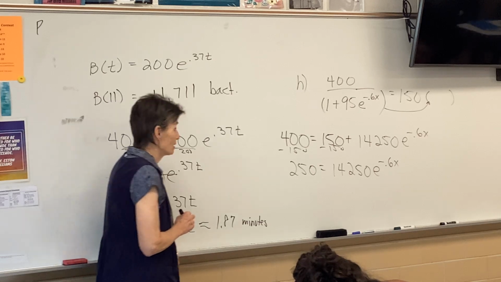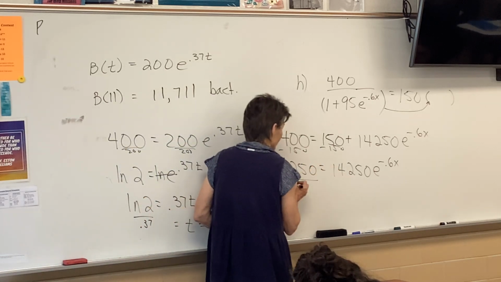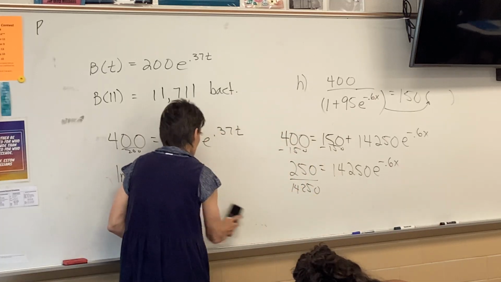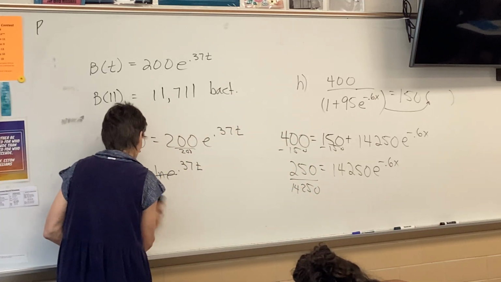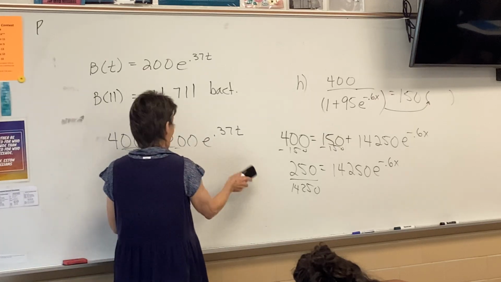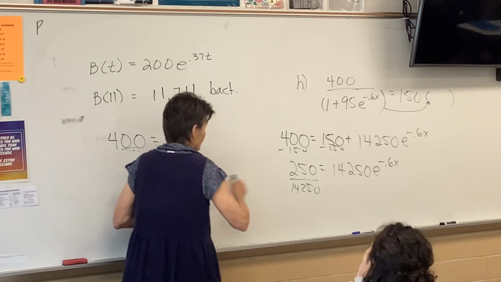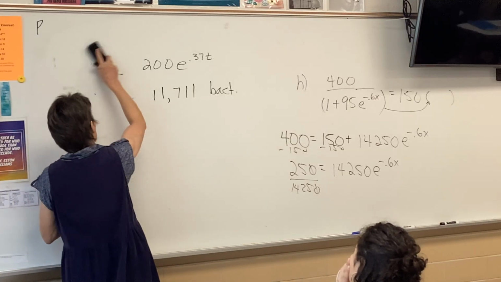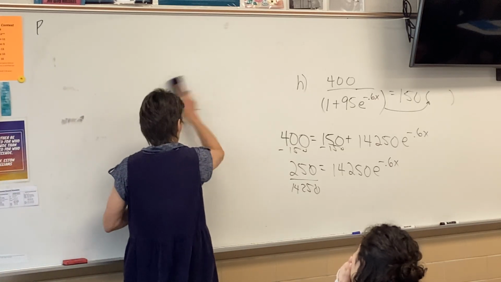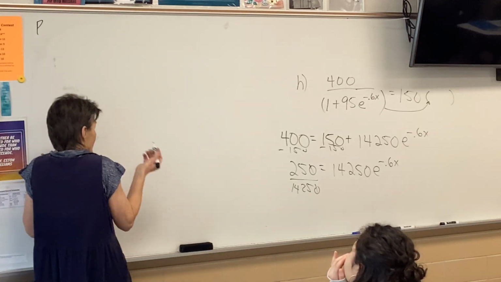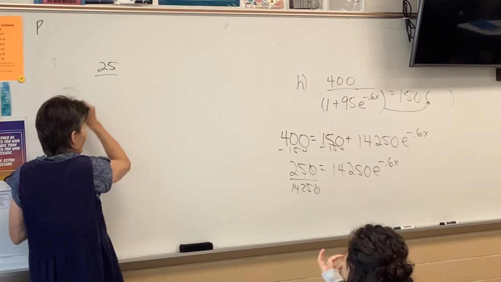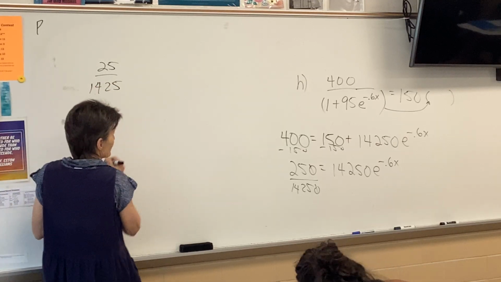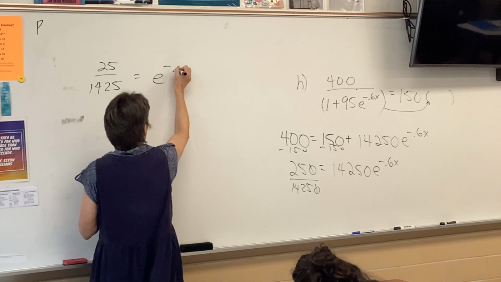Divide by this big number. Now, it is perfectly okay to leave that fraction. It does reduce for sure, but you don't need to waste time reducing it because your calculator is sitting right there. It's going to help you. So we have 25 over 1425. I will just get rid of those extra zeros. Equals e to the negative 0.6x.